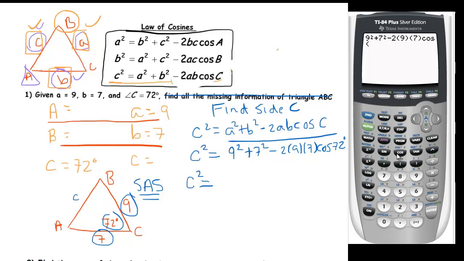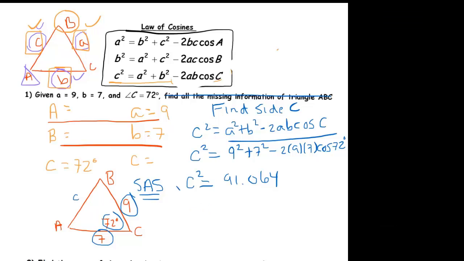And when you do that, you get 91.064. But that's c squared, so we're going to square root it. And when you square root it, you get c is equal to 9.53.